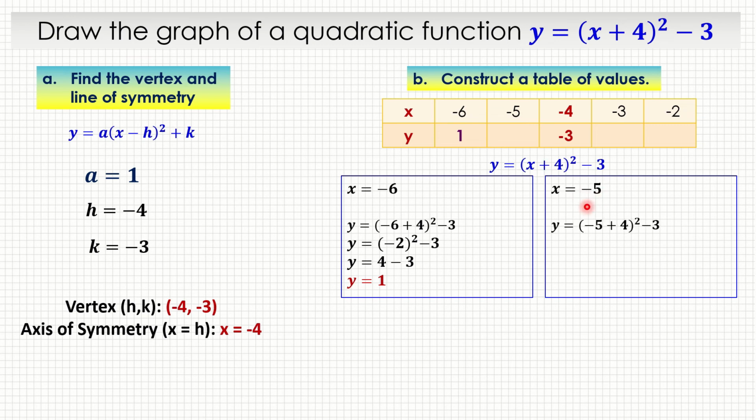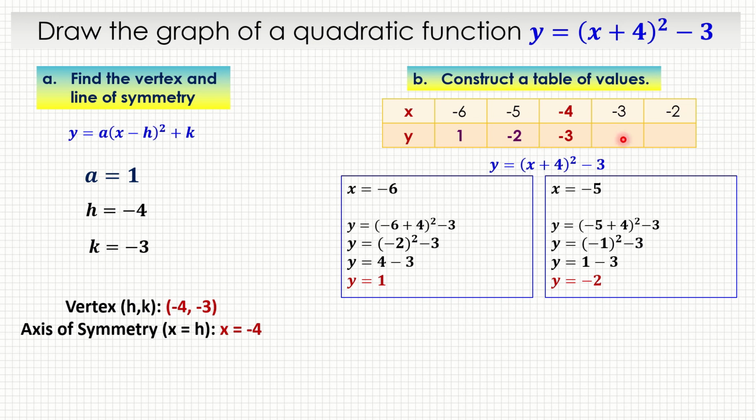Substitute negative 5 for x. We have y is equal to the square of negative 5 plus 4, minus 3. That will be equal to the square of negative 1 minus 3, which is 1 minus 3, equal to negative 2. That will be the value of our second y.